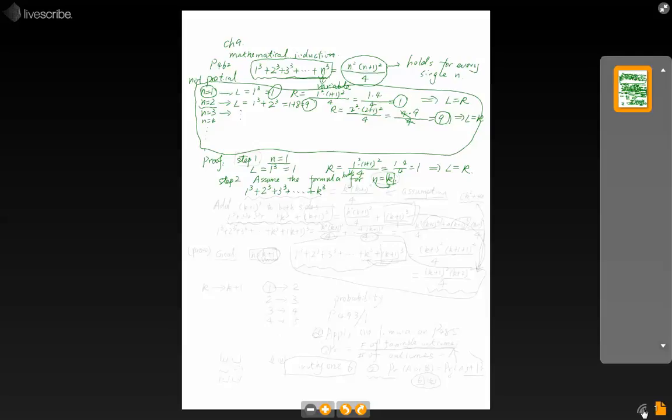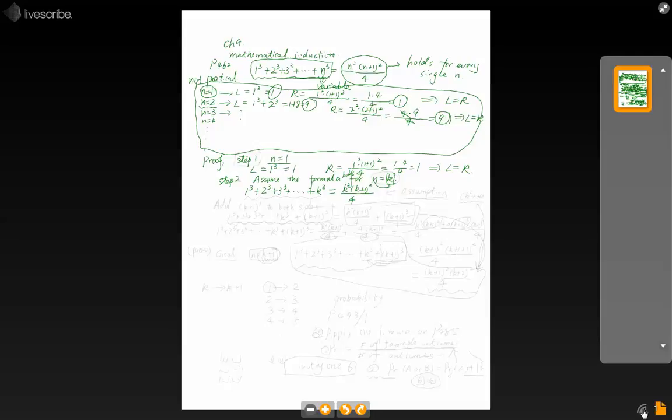And the right side is easy, single term, so we just replace n with k, because we assume n equals k. Okay, and we also assume the formula is correct for n equal to k. That means we replace n with k.